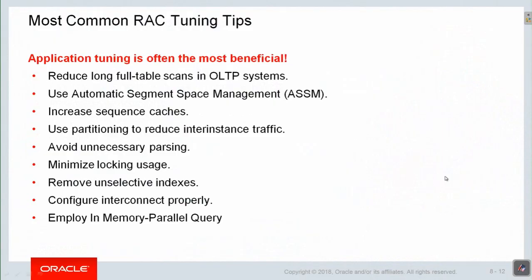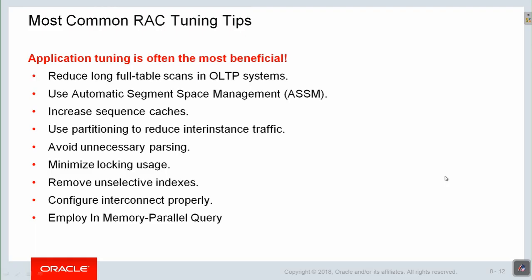Also you can employ in-memory parallel query, meaning that you can run parallel queries directly through SGA memory space instead of using PGA. That will give you another nice benefit. So those are the basic tuning tips.